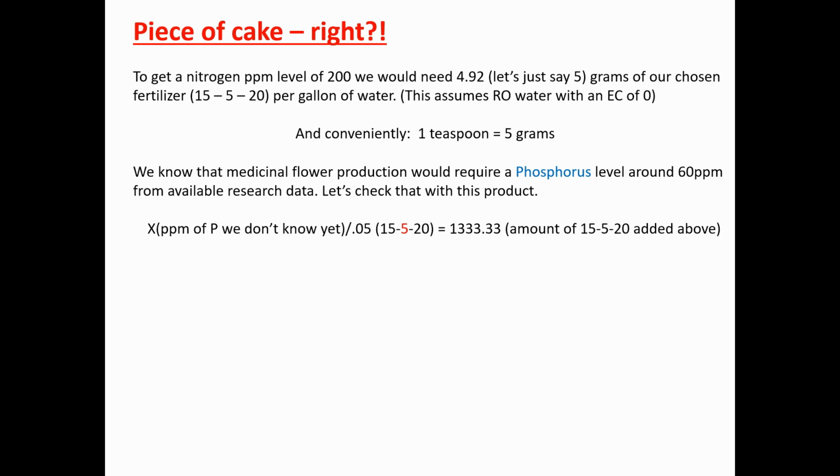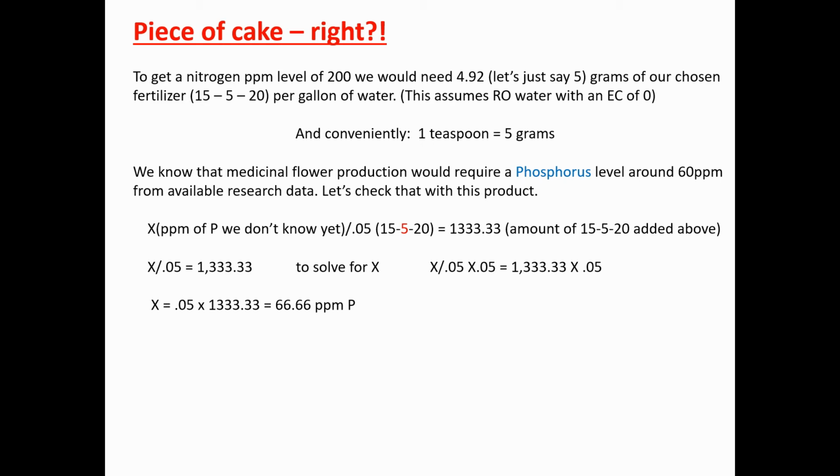So we're dividing by 5%, or 0.05. The variable that is unknown yet is the ppm of phosphorus. That's the X, the unknown at the moment. So the equation would be X, which is the unknown phosphorus ppm level to date, divided by 5%, and that's going to equal the 1,333.33 milligrams per liter, but we want to balance this equation and just solve for the X.